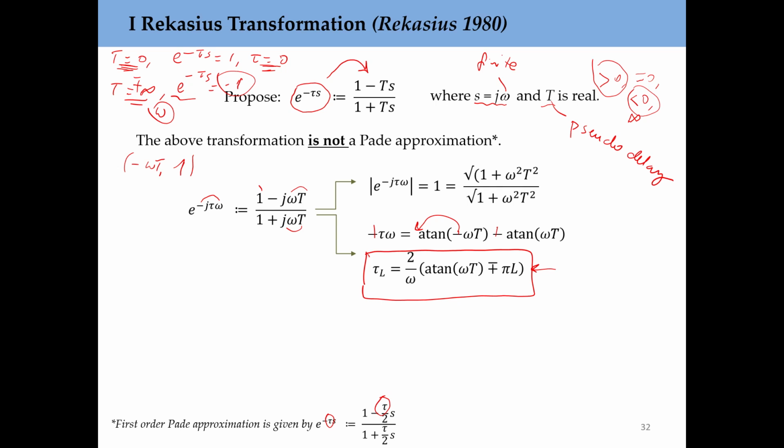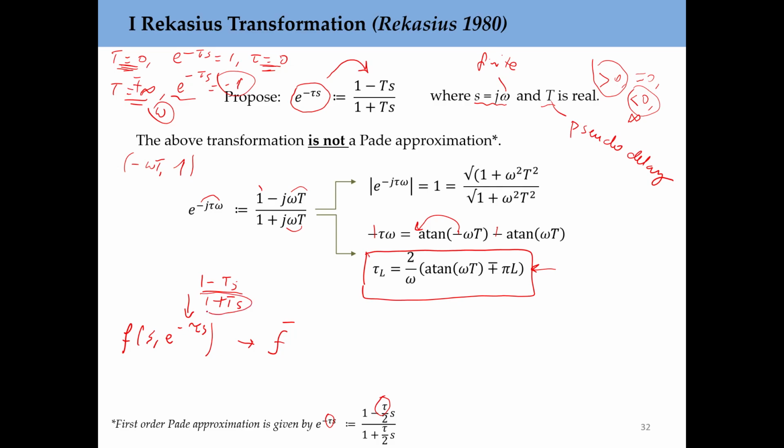All right, what does this mean? It means you are given a characteristic equation with s and exponential functions. Wherever you have exponential functions, you replace them with 1 minus Ts over 1 plus Ts. That gives you a new characteristic equation, let's call it F_R.